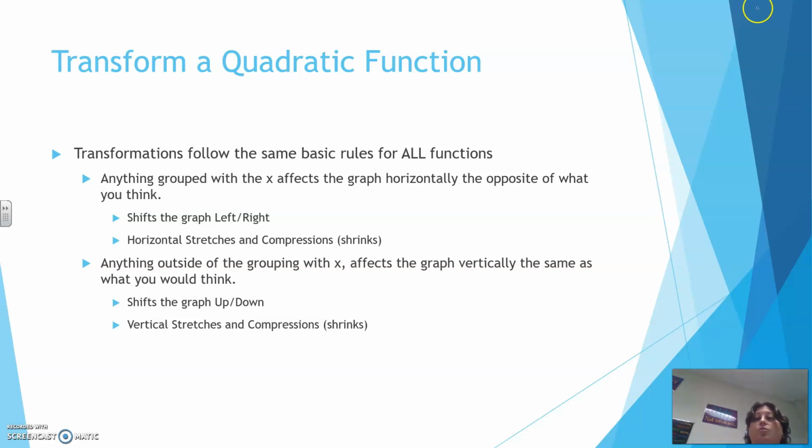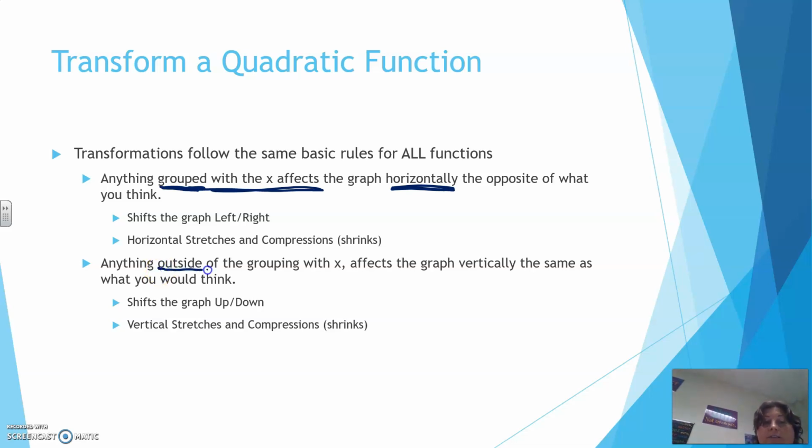Again, there's no pencil up here, so don't worry about writing this down. Here's how I like to think about it, though. Anytime something is grouped with the x, it affects the graph horizontally, which means left to right. So it's going to shift the graph left or right if we're talking about a translation or a shift, and if we're talking about a stretch or compression, it's going to shrink it horizontally.